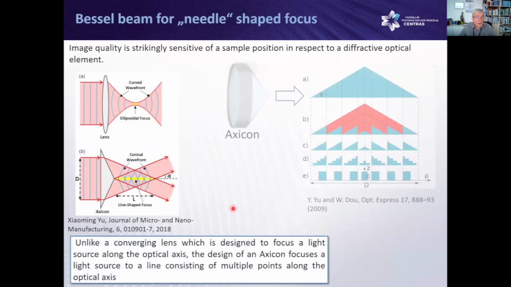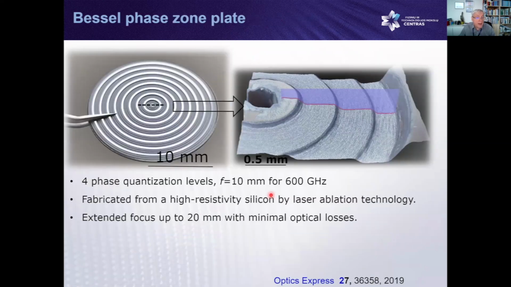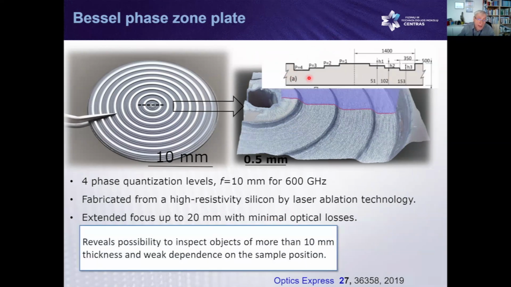A Bessel beam is usually made by an axicon, and our Bessel zone plate was a specific design with a diameter of 20 millimeters. Here is a photo of how we did it. We used only 4 zones and a diameter of 20 millimeters to have minimal optical losses. The idea was also to see how the profile looks, and it was precisely made.